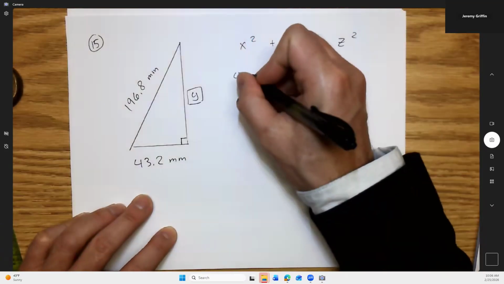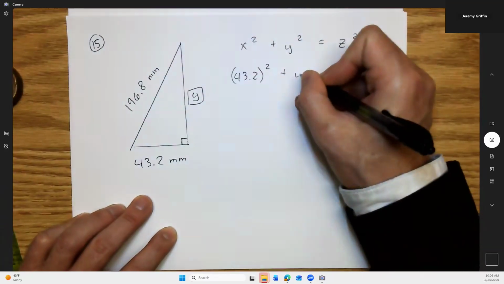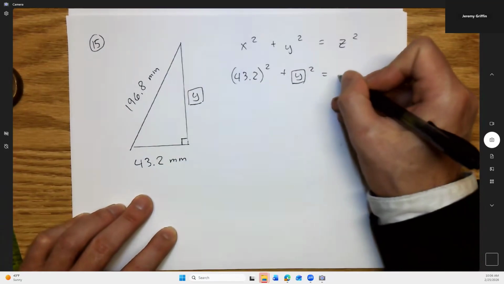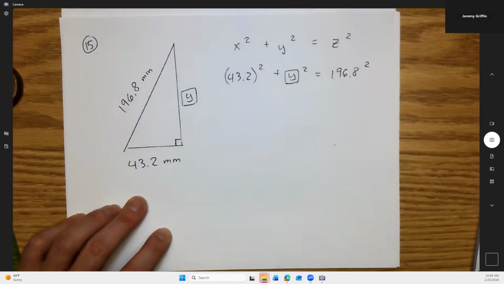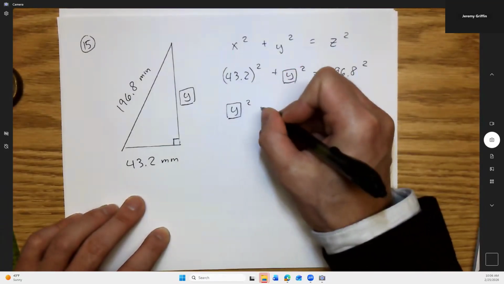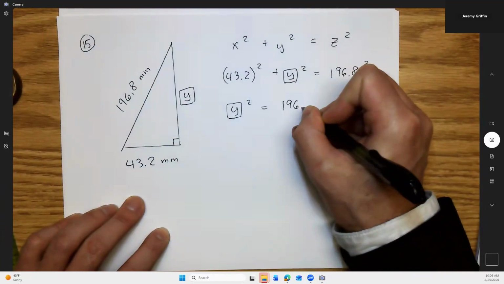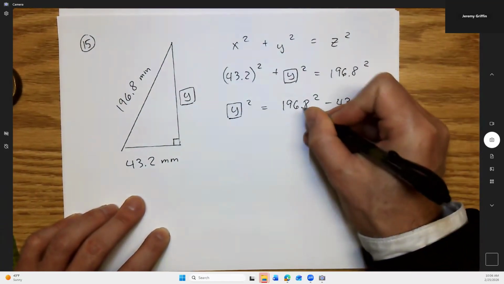So we'll do 43.2, I'll drop the units, squared plus y, we're solving for, squared equals 196.8 squared. So y squared equals 196.8 squared minus 43.2 squared.